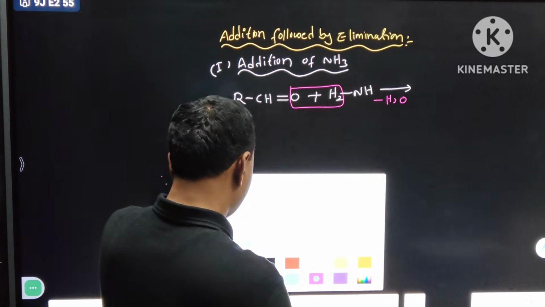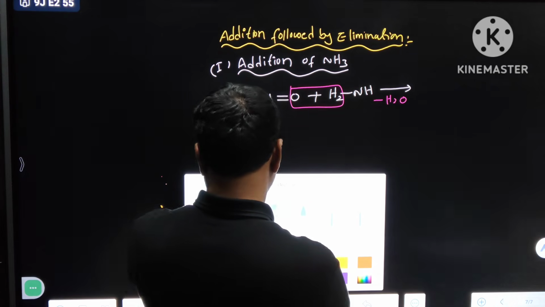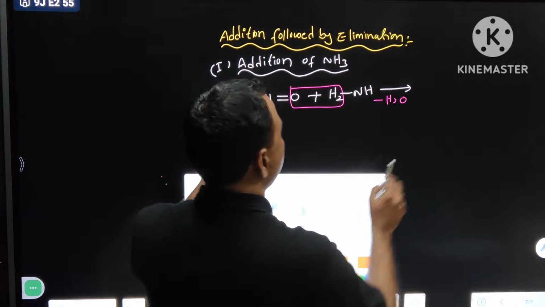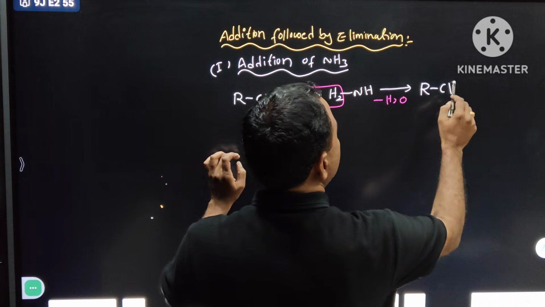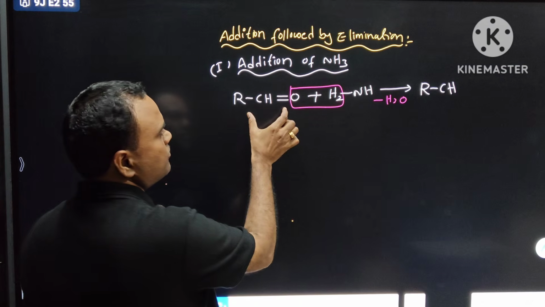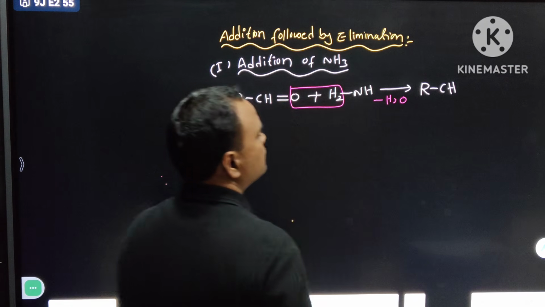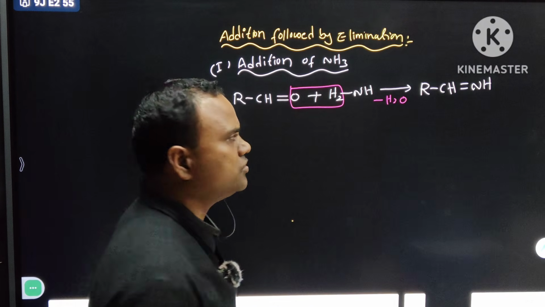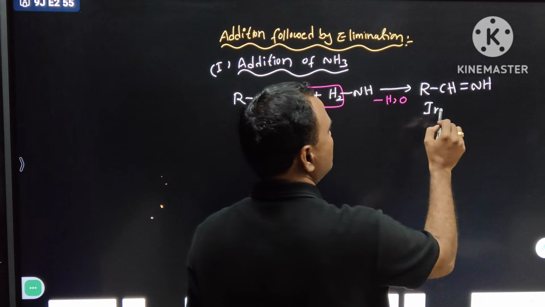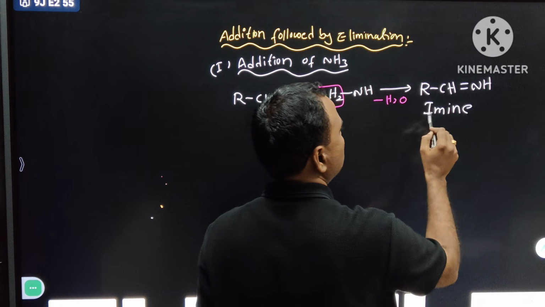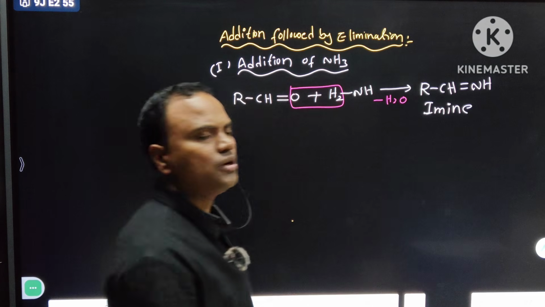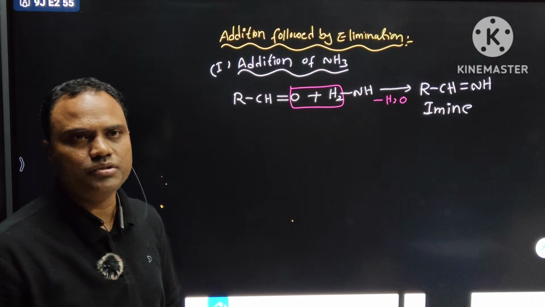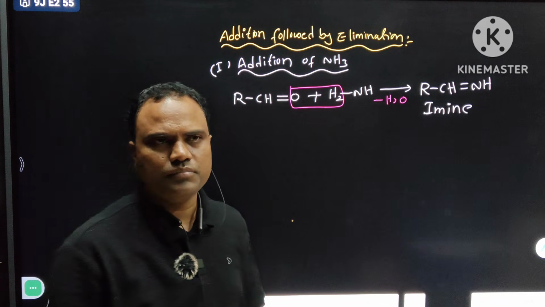This double bond is as it is. R CH, this double bond is there now, and N will add here. Double bond NH. This is imine, very important. Imine is formed. Carbon double bond NH. Imine. Okay. Got it?